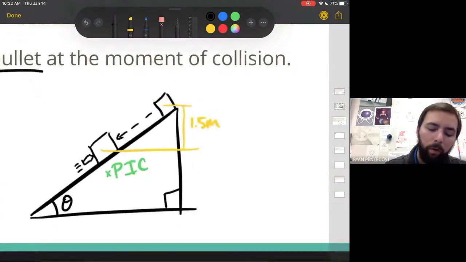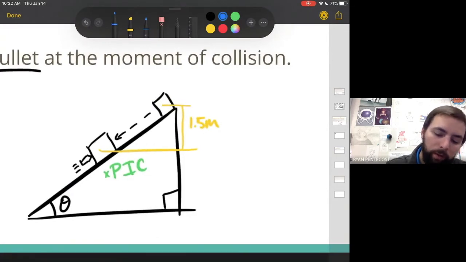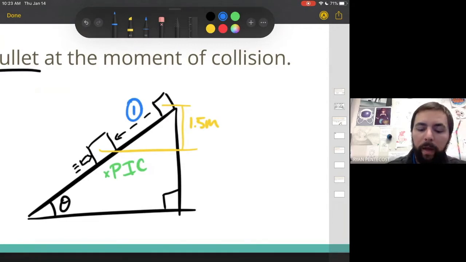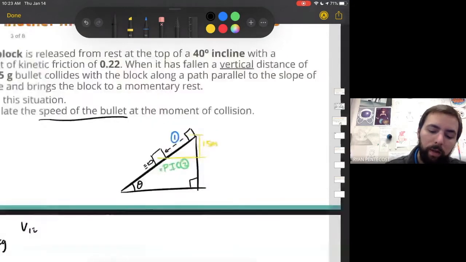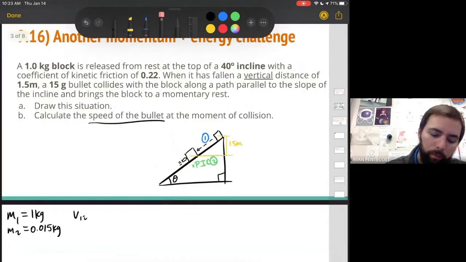So that is our goal. However, we have two parts. There is the drop of the block as it slides down this friction surface, and then we have part 2, which is the actual collision. When I'm writing these down, I'll color code them. That would be easy. 1 is in blue, 2 is in green.